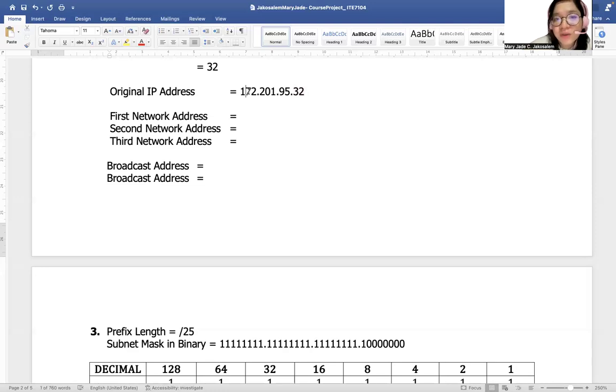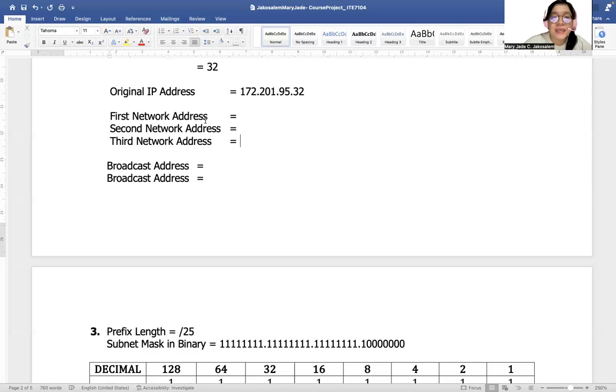This is the 1st octet, the 2nd, the 3rd, and the 4th. So the 3rd network address should be greater than 32. The number of network addresses you derive depends on whether the value is now greater than the 4th octet, which is 32.